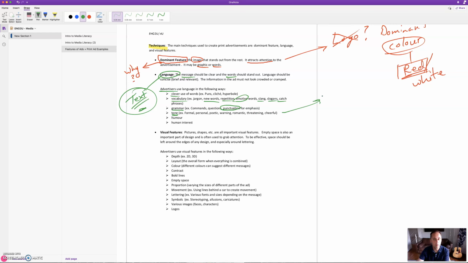So tone is the emotional disposition of the speaker. Quote unquote speaker, in this case, the advertiser. All right, so don't mix up tone and mood. Those are separate.